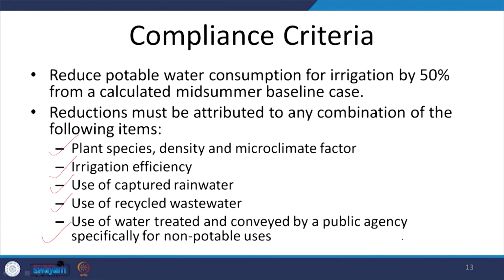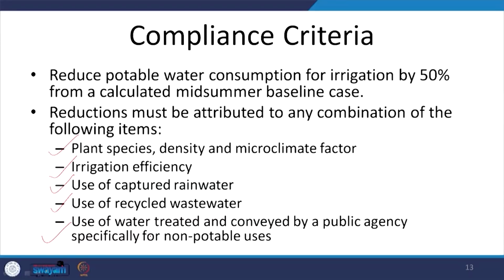Now here, in case the municipality has installed a big STP, the treated water from that STP may also be supplied by a dual supply line. So one supplies potable water, the other supplies non-potable water for non-potable uses. That may also be used for irrigation.